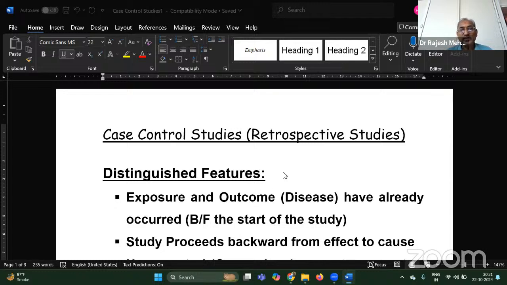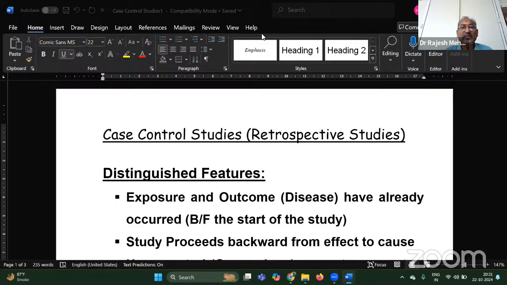So what are the features of case control study? Now, when I ask this question, we should have plenty of examples to learn. I want to find out depression versus no depression, or rheumatoid arthritis versus no rheumatoid arthritis, diabetic versus no diabetic. But when you are comparing all this, you want to find out the exposure, why this could have happened.